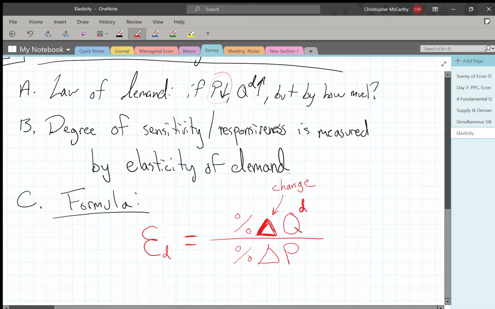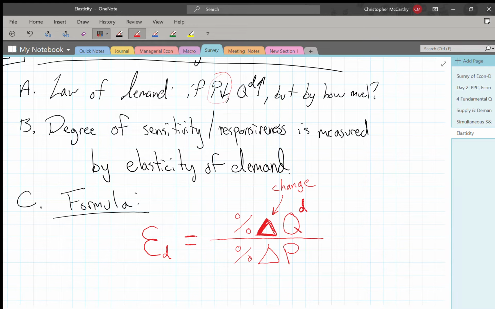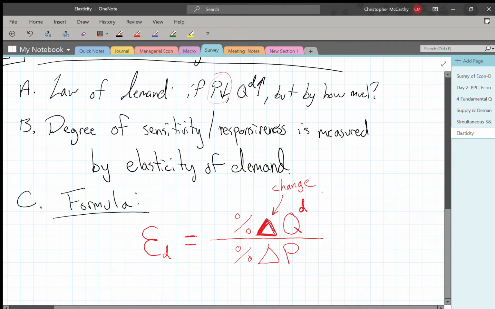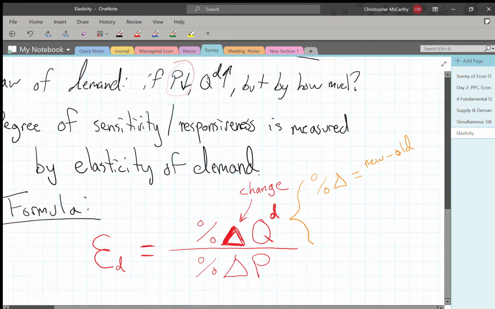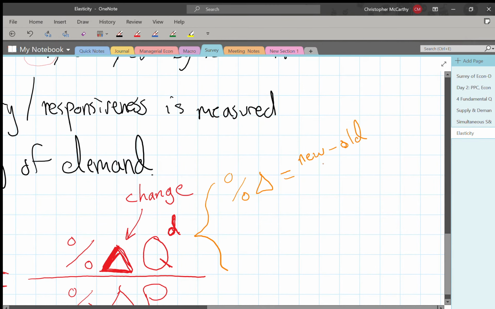And so what does this mean when we talk about percentage change? Let's unpack this a little bit more. Any kind of percentage change is equal to my new value minus my old value. And here's where it gets a little screwy, because we're used to having things be new minus old over old times 100, right?